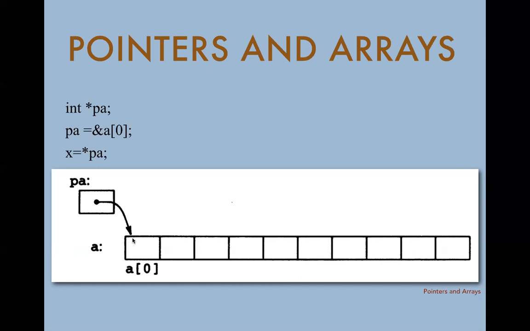So what is star PA? Star PA is whatever value is present here, because PA holds this address. So star PA is the value at this address. So whatever value is present in A of 0 is assigned to X. Can you understand this?